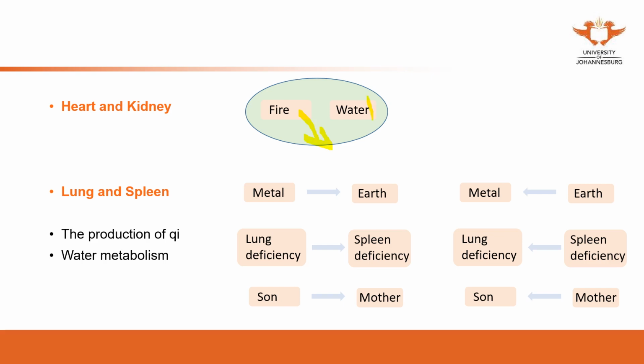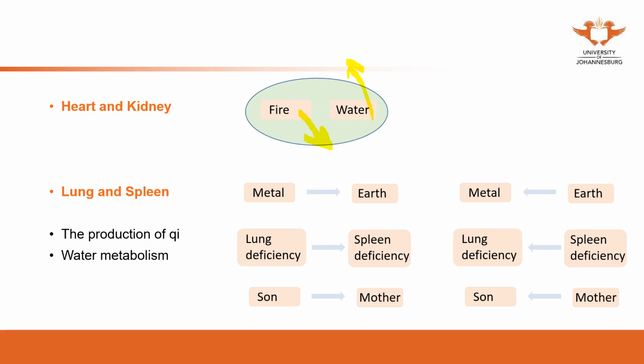The kidney water needs to go up to assist and control the heart fire, so the heart does not generate excess fire. The heart fire needs to go downwards to assist the kidney water in order to warm the kidney, to keep the kidney yang. So as you can see, these two control each other, with one moving up and one moving down.